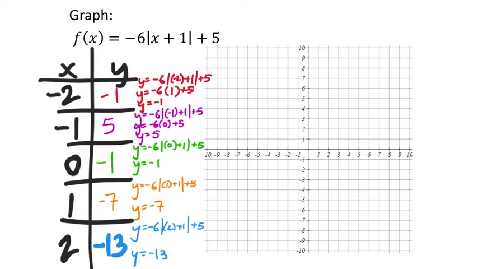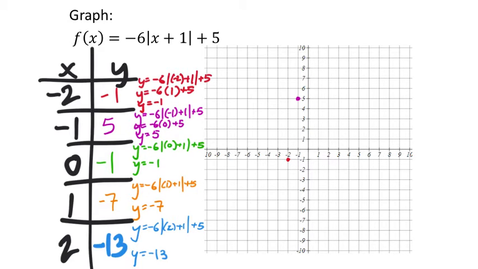So let's see what has happened here. We've got -2, -1, that's the red point. Then we also have -1, 5, that's over here in purple.